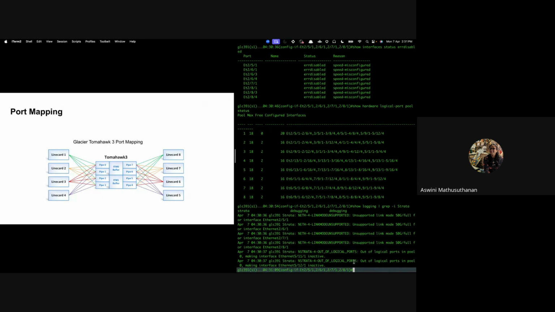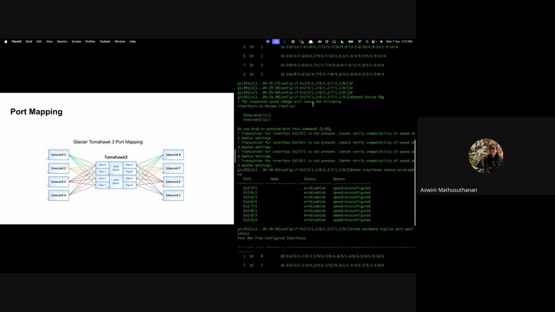So yeah, see, while we configured the speed as 50 gig, it intimated that these two interfaces are going to become inactive, but we didn't touch any of the line card 5 interfaces. We just changed configs on line card 2 interfaces. So if we are configuring anything on a lower line card, it will definitely impact the higher line card.